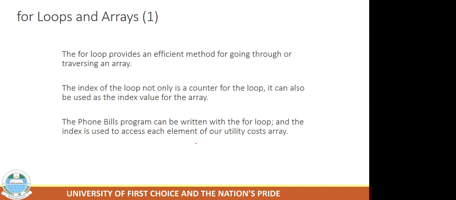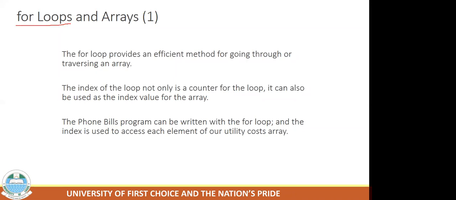So if we have a list of arrays and we need to access the locations of the array variables, how can we traverse? How can we move from one location to the other? So we're going to employ what we call the for loop.